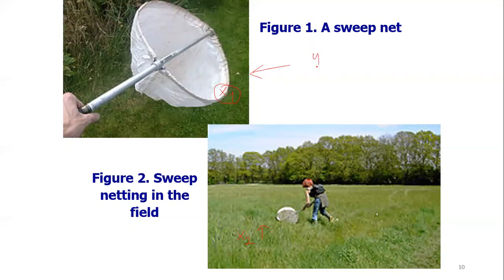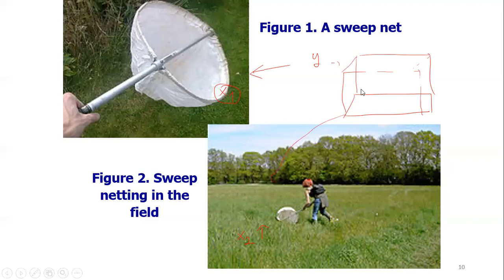The first one, y, is the drop net, where you put some kind of trap like this into the field and wait for the grasshoppers to be caught in this net.